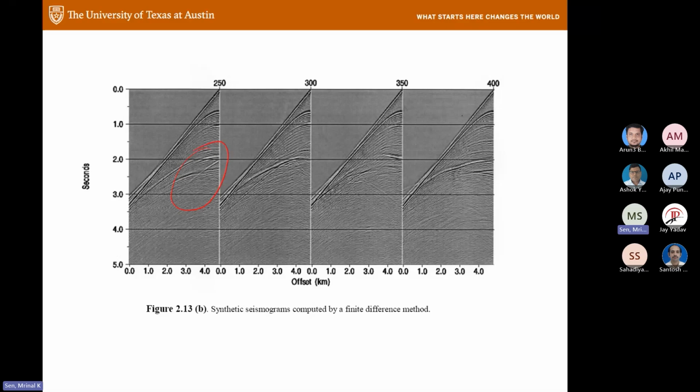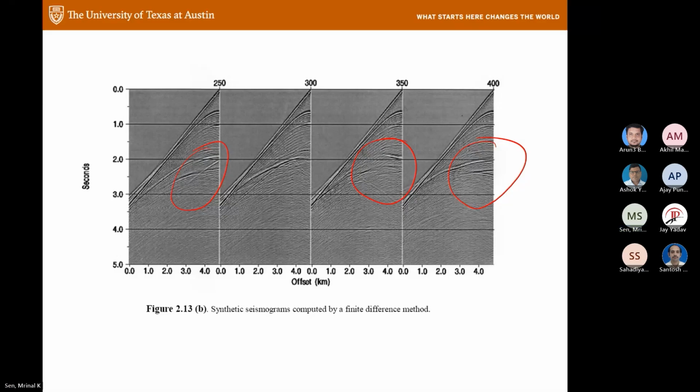These are not all hyperbolic events. You can see these reflections, and this is all shot gathers. So it is seeing all kinds of lateral heterogeneity, and you don't expect those to look like a simple bunch of hyperbolas like you expect for a 1D model.